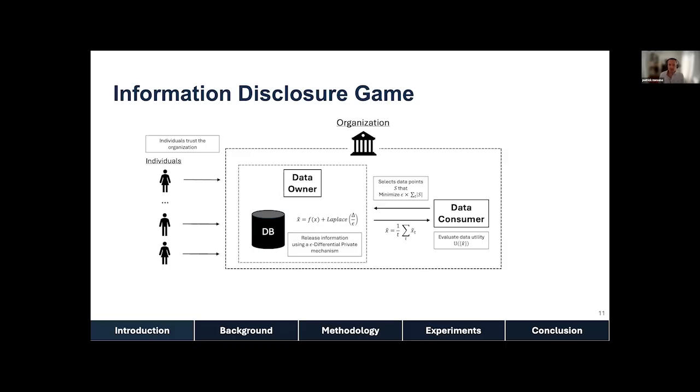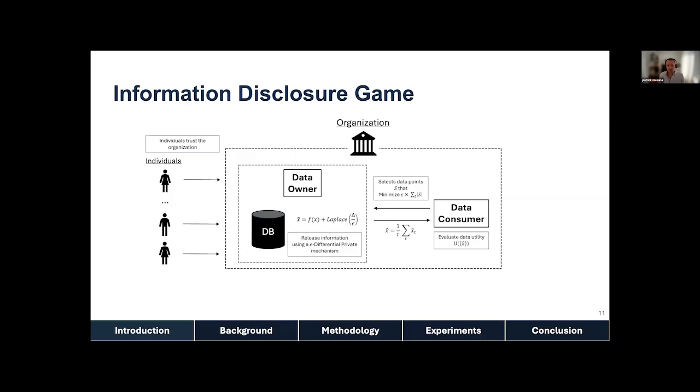The data owner represents the kind of teams you have in an organization who are in data governance, so they are more responsible for managing privacy. And the data consumer is representing more teams that really are trying to exploit data and to build machine learning models to achieve some goals.